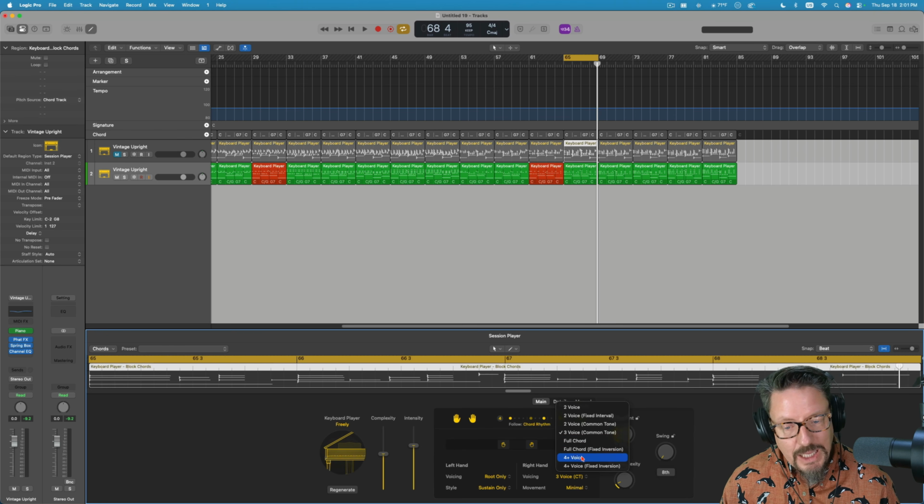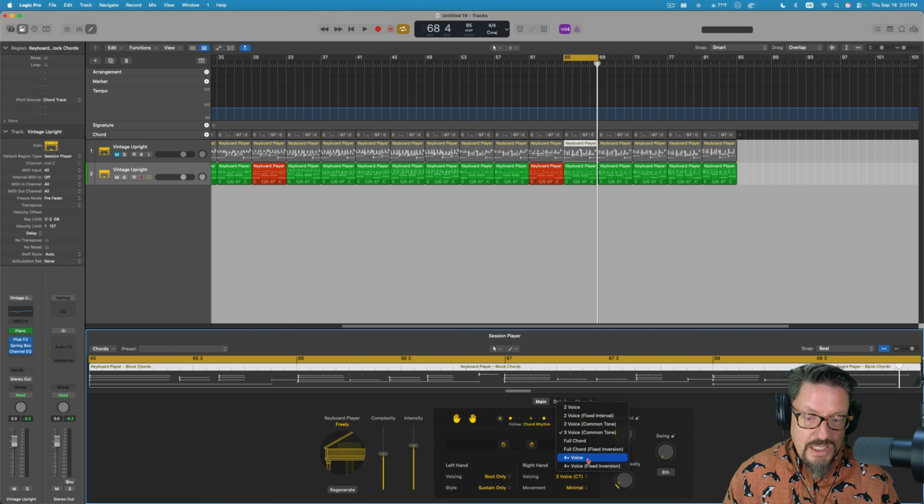If I have really complex things, I'll be using the 4 plus voice, but again, not the fixed inversion. So 4 plus, the full chord, the 2 voice, or the 2-voice fixed interval. Those are my real choices.